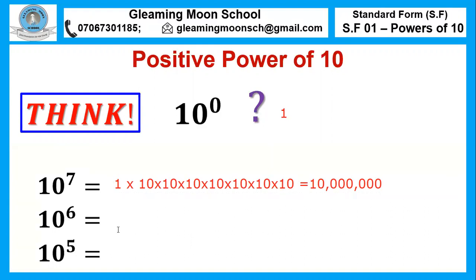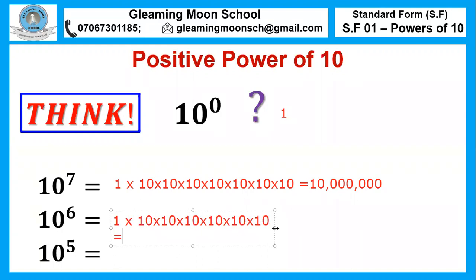Now let's have a look at the next one. 10 raised to the power of 6. Again, we start by 1 and multiply by 10 times 10 times 10 times 10 times 10 times 10. So you can see that the base number is 10 and the power is 6. So we are doing a repeated multiplication of 10 6 times. So we have 1, 2, 3, 4, 5, 6 tens.